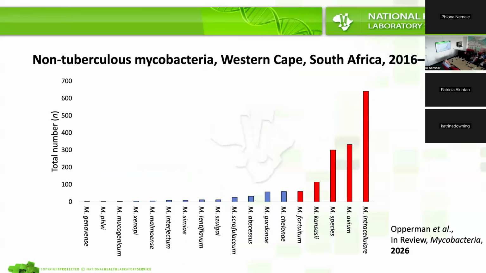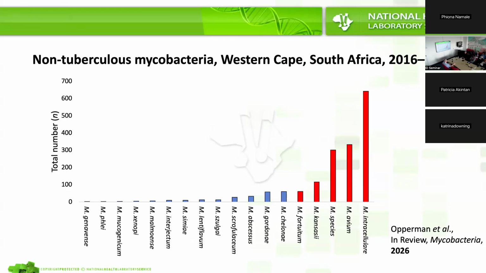Looking a little bit closer to the Western Cape, if we take 2016 to 2022 into consideration, remember Truenat came into play in 2016, and in 2023 we changed our line probe assays to the XDR cartridges. Taking that into consideration, we see that our main organisms, above 2/3, are still Mycobacterium avium complex, so avium and intracellulare.